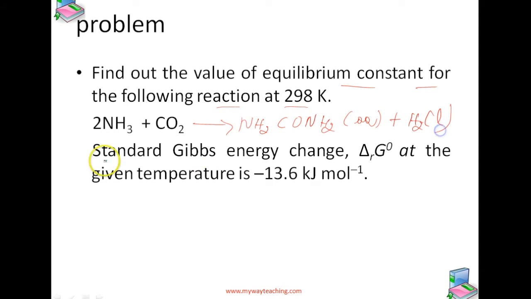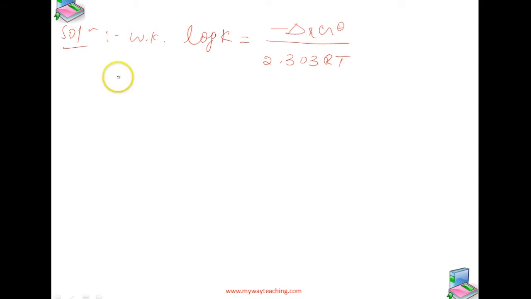The standard Gibbs energy change at the given temperature is minus 13.6 kilojoule per mole. Solution: we know log K is equal to minus delta R G standard divided by 2.303 RT.